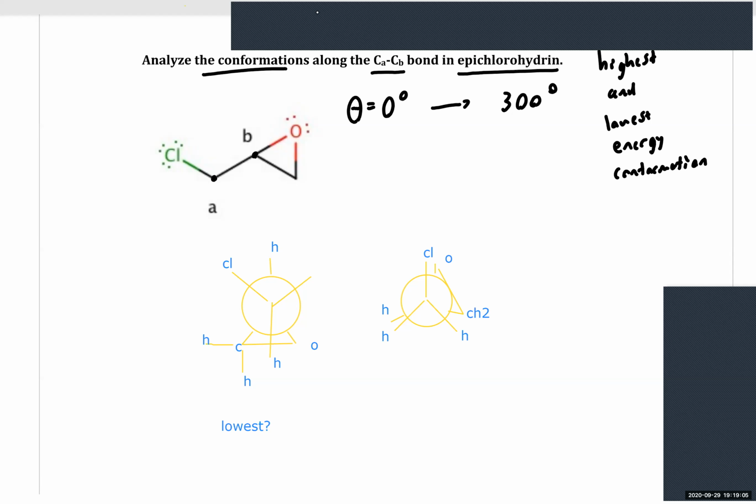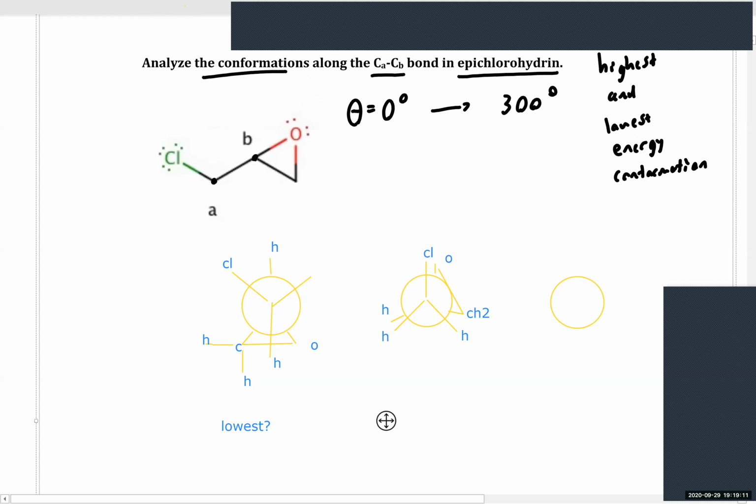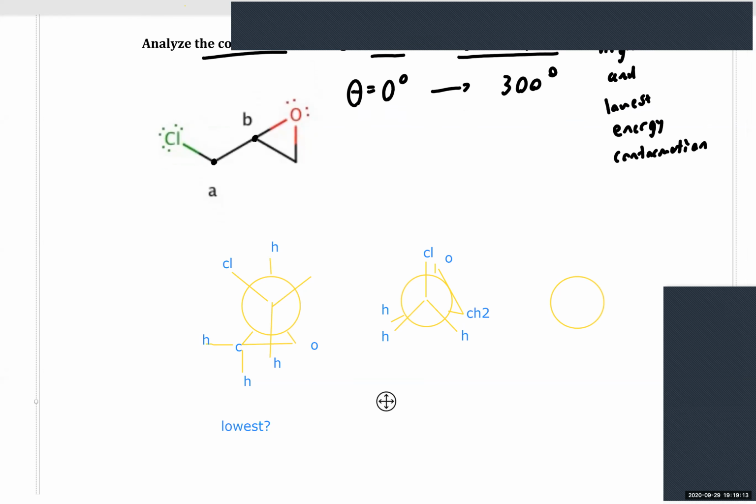So let's keep drawing out some structures. I'd like some students to help out your classmate with a few other proposed structures, and we'll discuss this example once we have a pool of structures and we have some initially identified lowest and highest energy conformations.